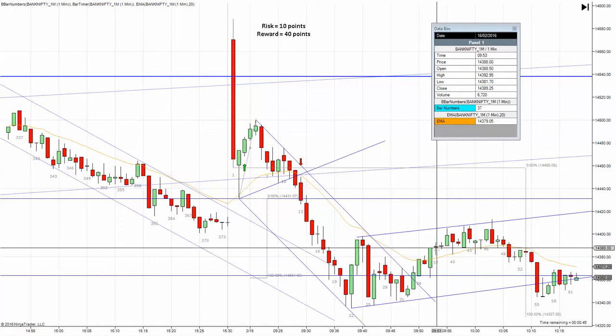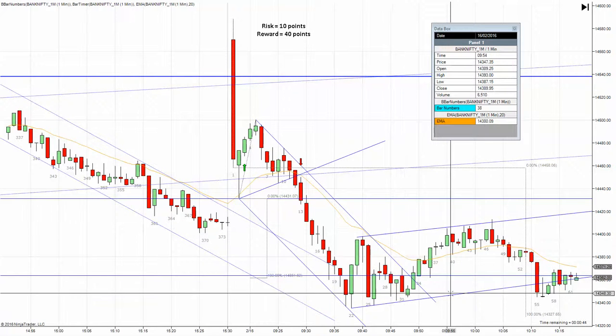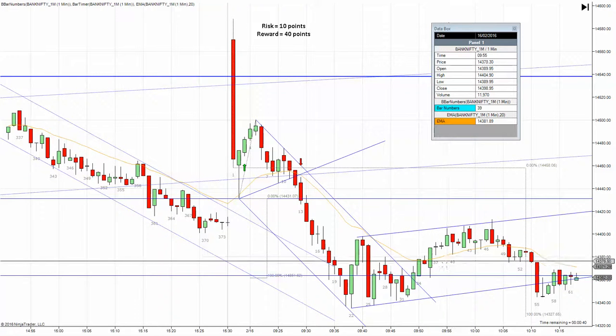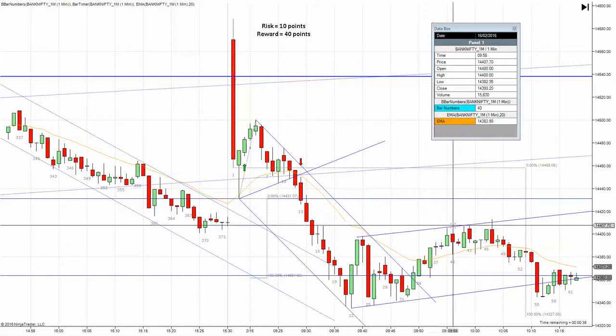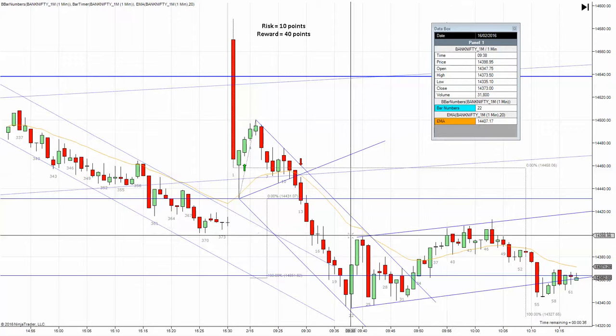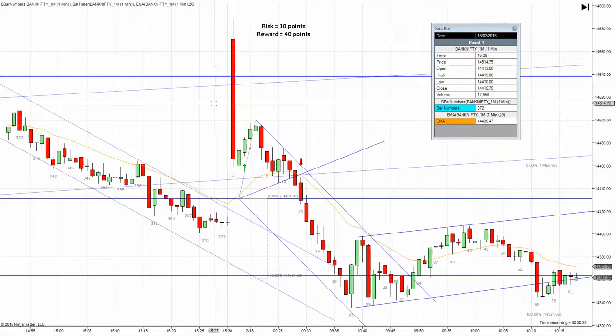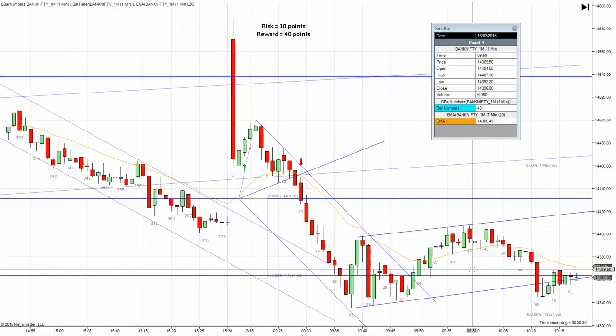So possibly, looking at the methods that I've been following, this is a give up trade, but this is a counter trade around the EMA, and it is into this resistance, which is a channel that is being followed at this point of time. The channel lines keep changing depending upon where the pivots or swing highs and lows are forming. So you have to keep watching the price and change the lines accordingly, and it's not that difficult.